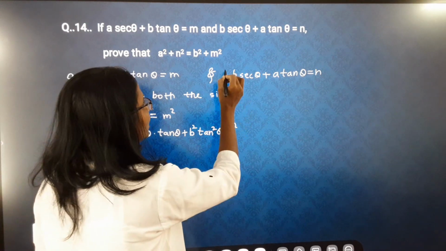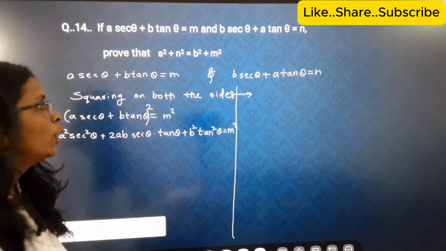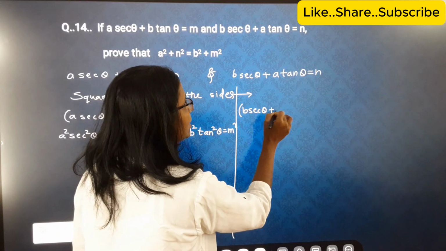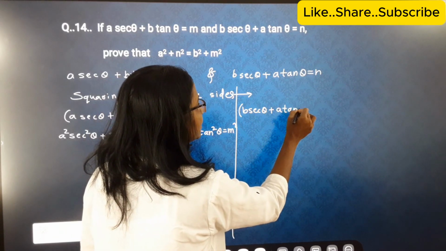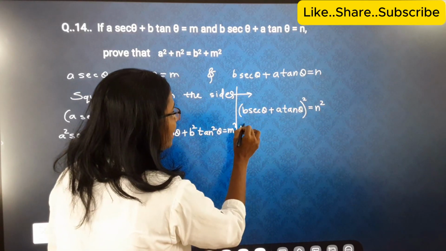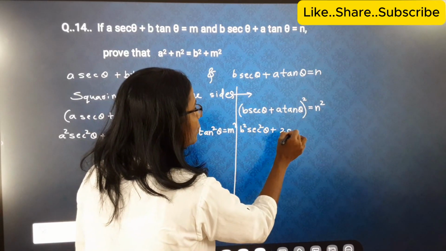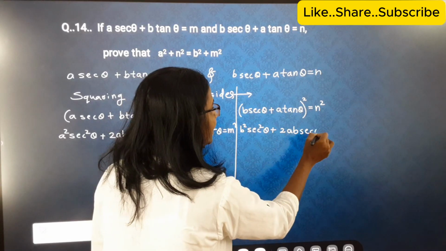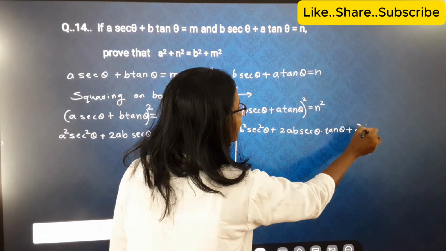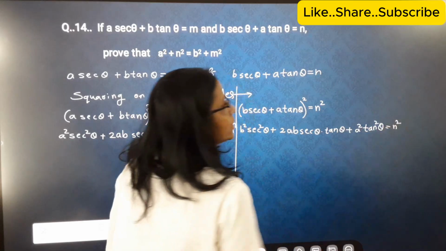Now in this part also, students, we have to square on both the sides. So we have b sec theta plus a tan theta whole bracket square is equal to n square. So b square sec square theta plus 2ab sec theta tan theta plus a square tan square theta is equal to n square.